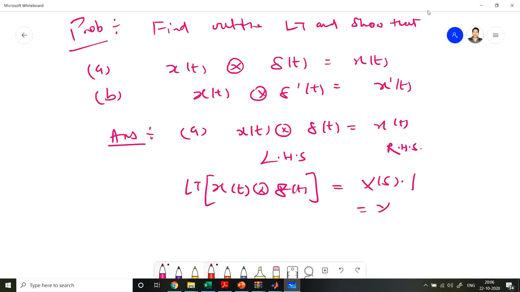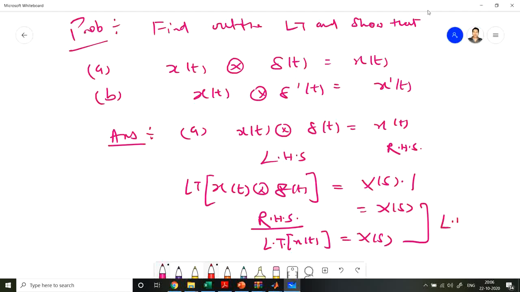So we have xs. This is the left hand side. Again, if we see the right hand side, then the Laplace transform of xt is equal to xs. So here we can see that the left hand side is equal to the right hand side.